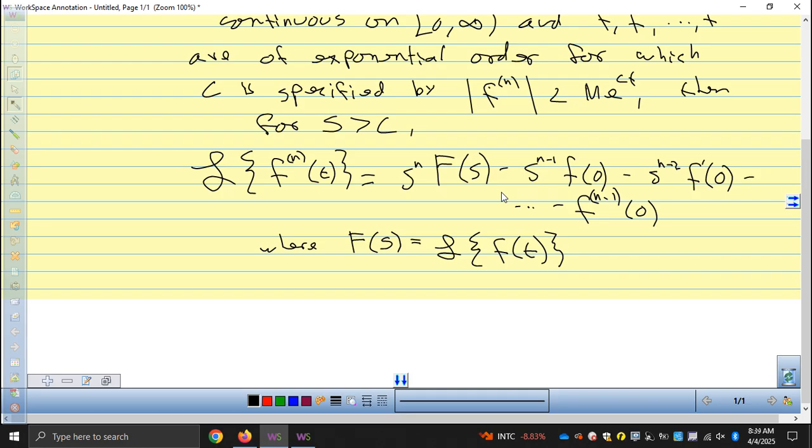And then we just end up with an algebraic equation where we can solve for the Laplace transform and then apply the inverse transform to get our solution for an initial value problem. Because we need to know f of 0 and f prime of 0. So that's kind of a nice thing.